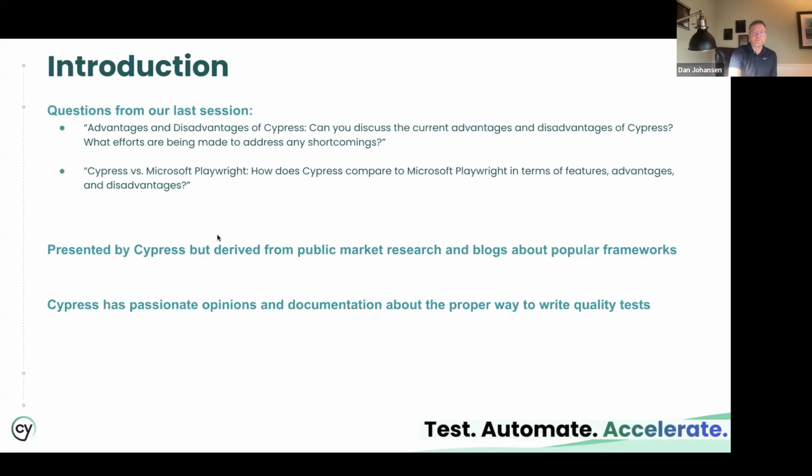Now, a couple of things: this is a session, and obviously, we are from Cypress. And so that's what we do day in and day out. But we've derived this information from public market research, as well as blogs about the popular frameworks. We do have very passionate opinions and documentation, and you're going to find that all over our Cypress website and our documentation page and our social and our Discord group.